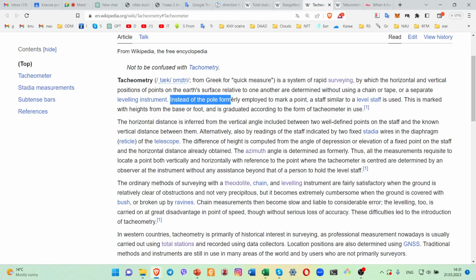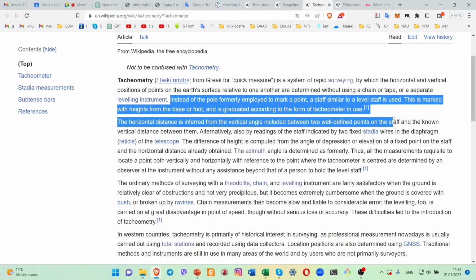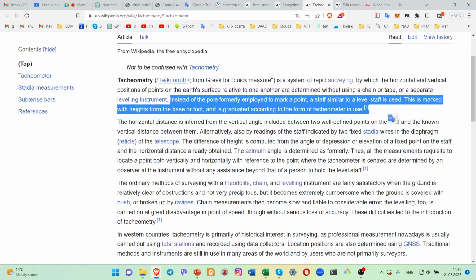Instead of the pole formerly employed to mark a point, a staff similar to a level staff is used. It is marked with heights from the base of the foot and is graduated to the form of tachymeter in use.